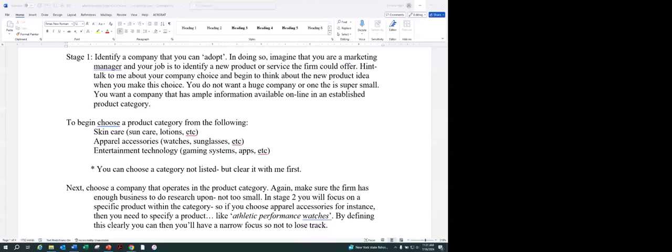Now, the market can be very generically described. For instance, if we were to go way out and say soft drink consumers, that's a generic market. Soft drink consumers would be the group of consumers that have an interest, desire, or need for soft drinks or soda, right?